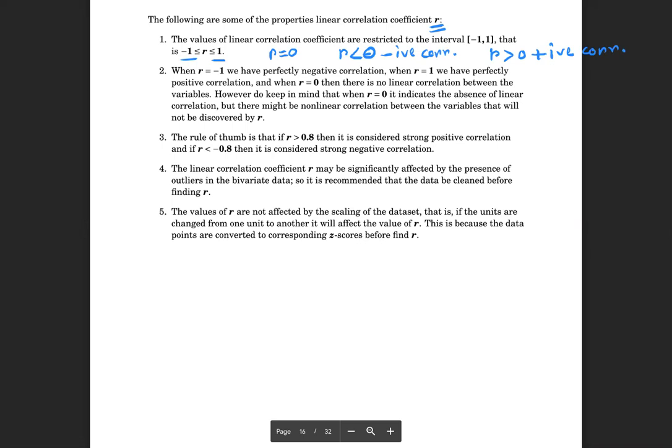So one property of the Pearson linear correlation is that it's between -1 and +1. 0 means no linear correlation. There might be non-linear correlation, but no linear correlation. And R less than 0 means negative correlation, R greater than 0 means positive correlation.